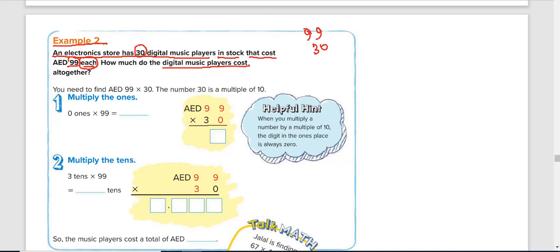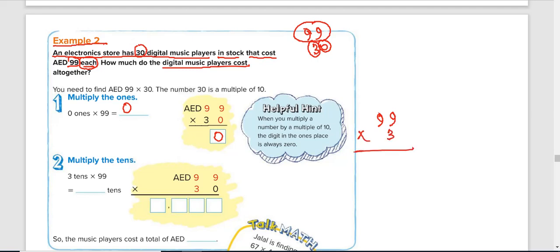So remember, the first thing to do, multiply your 99 by the ones place number, which is 0. 99 times 0 is going to give you 0. Then the next thing is multiply your 99 by the tens place digit, which is 3. 99 times 3.